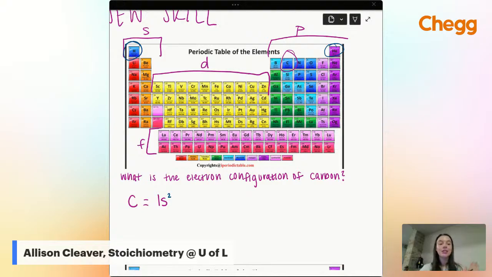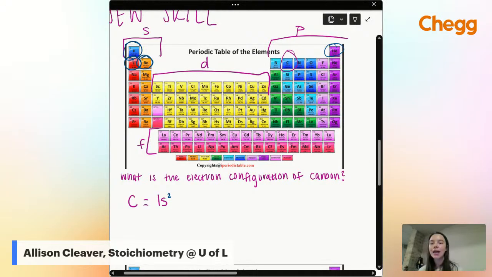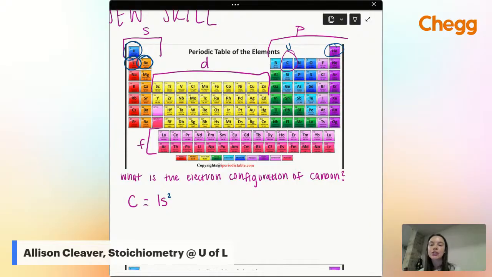But then what we want to do is find our next set. So then we go to 2s, and 2s entails lithium and beryllium. Since we're still not to carbon, we will then write 2s2. And then we want to get to the carbon, so we have 2 more elements before the carbon. So we would write 2p. It's the second p orbital, so it's really the first p orbital, but every orbital kind of shifts.